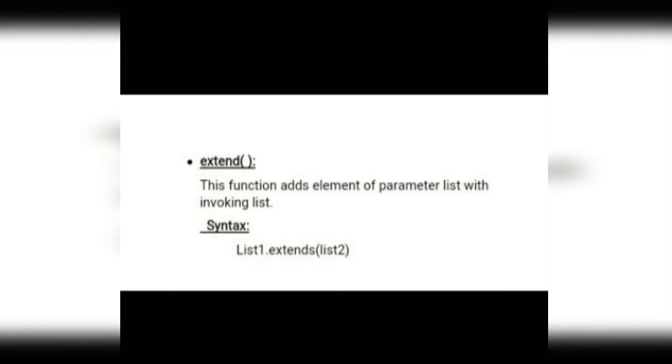See another method, that is extend. This function adds the elements of the parameter list to the invoking list. The syntax is list1 dot extend, with list2 in parentheses. As the name of the function tells you, it will extend one list with another list. That means it will append the other list.